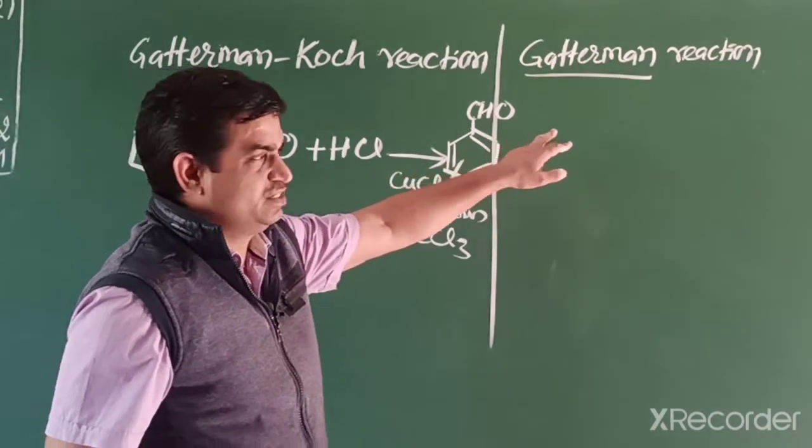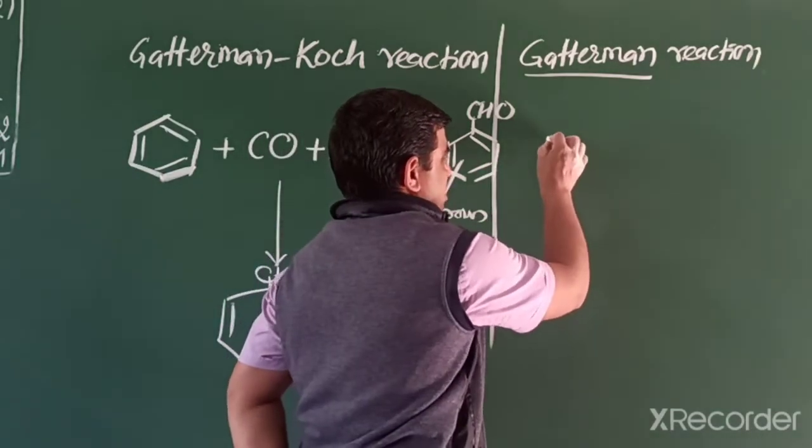But in Gattermann reaction, the reactant is diazonium salt.